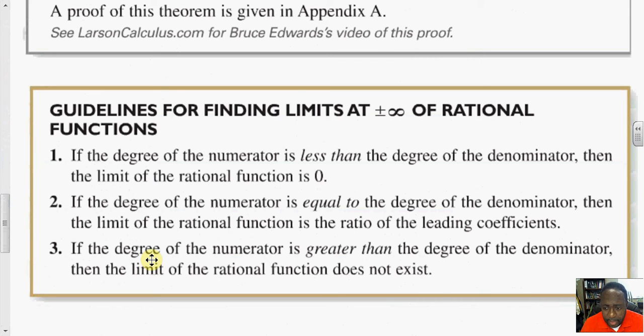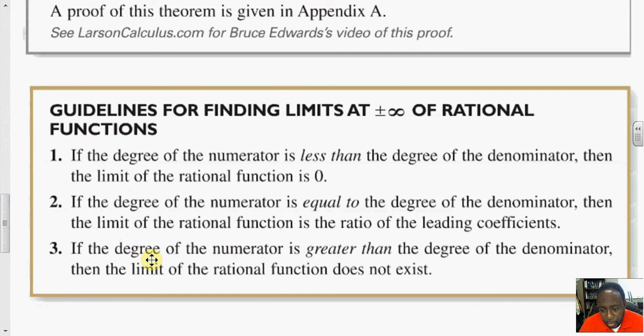Guidelines for finding the limits at plus or minus infinity. For a rational function, there are three cases: the horizontal asymptote is equal to 0, the horizontal asymptote is equal to the ratio of leading coefficients, or the horizontal asymptote does not exist.